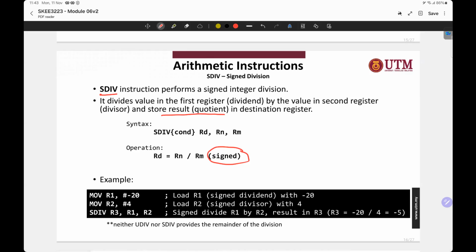MOV R1, #-20. So I'm going to ask you what would be inside of your R1 after you do the first instruction. What is the value inside of your R1?